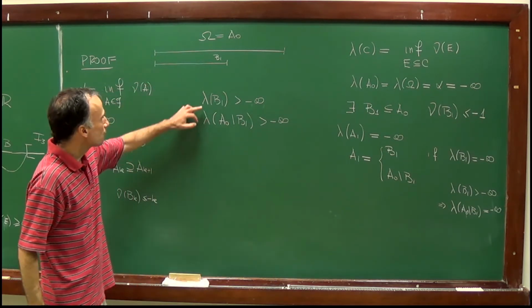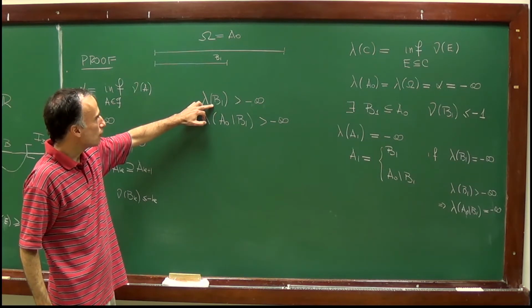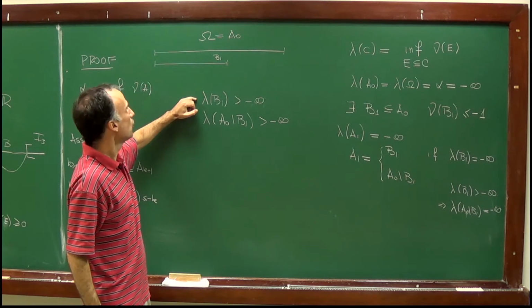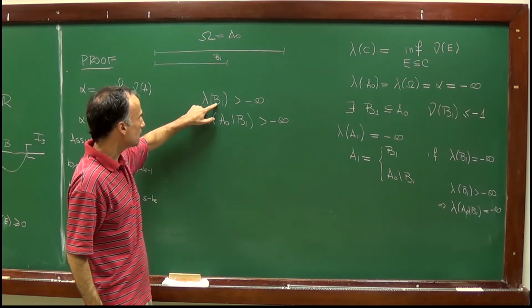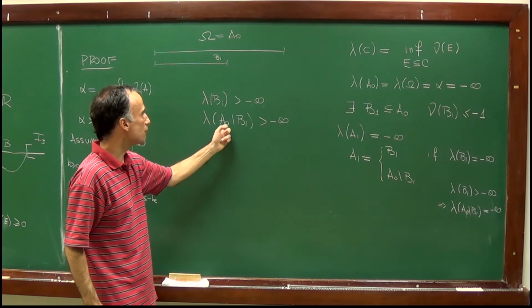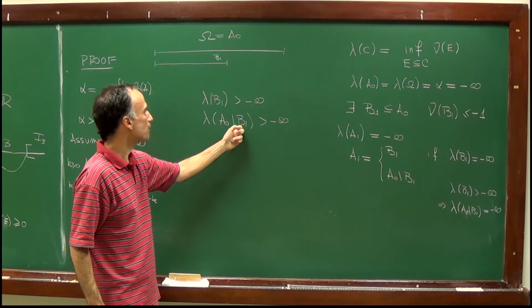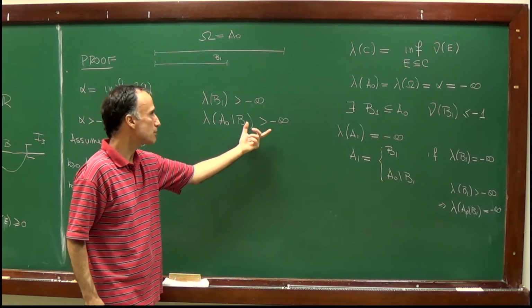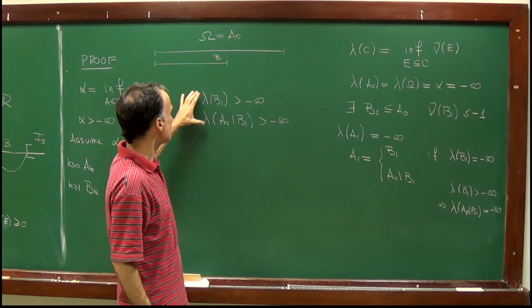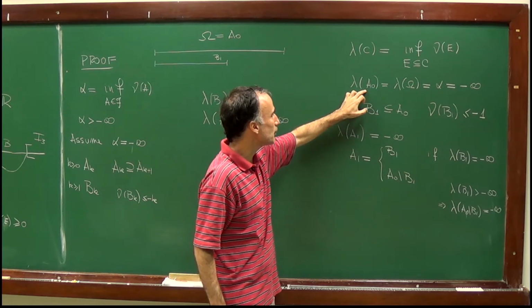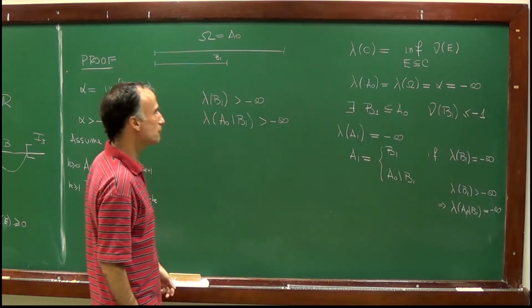So this means that all subsets of B1 have a measure which is larger or equal than lambda of B1, which is strictly larger than minus infinity, and all subsets of A0 minus B1 have a measure bounded below by this value, which is a real number. If this is the case, then we can't have the fact that lambda of A0 is minus infinity, right?